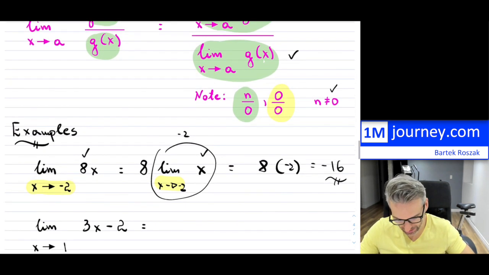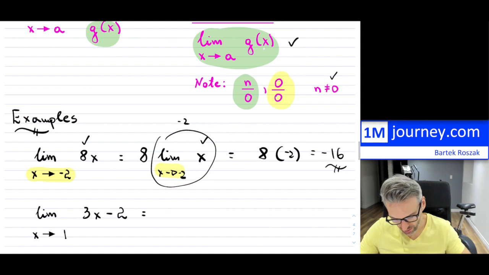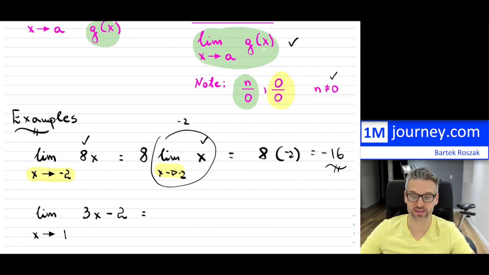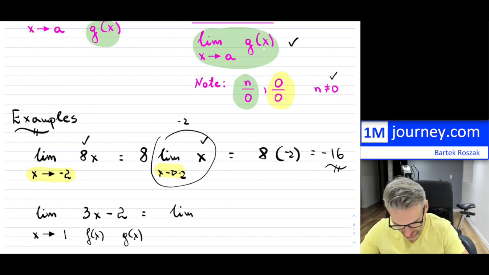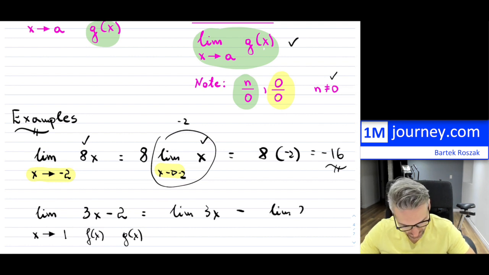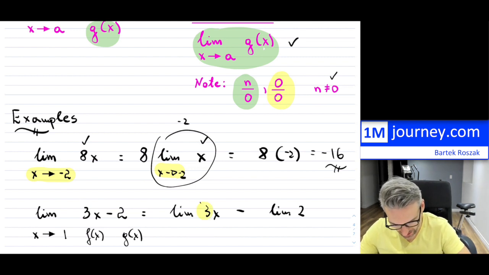So that's pretty neat. Within the second example, I have a few things happening. Notice there's a subtraction, so that's one. I would have said, this is like my f(x), this is like my g(x). Now I would have had the limit of 3x minus the limit of 2. Here this is a constant, so I can bring it out.